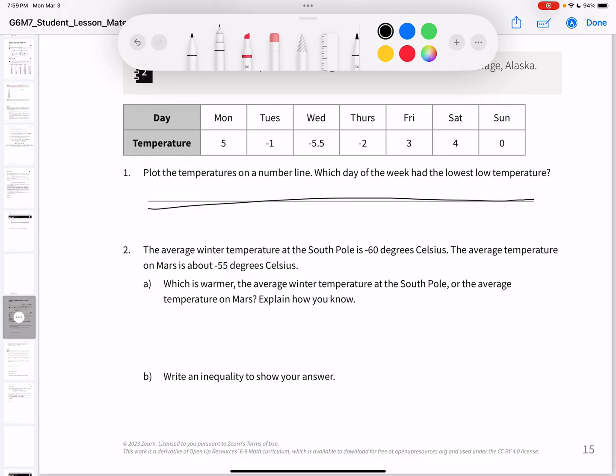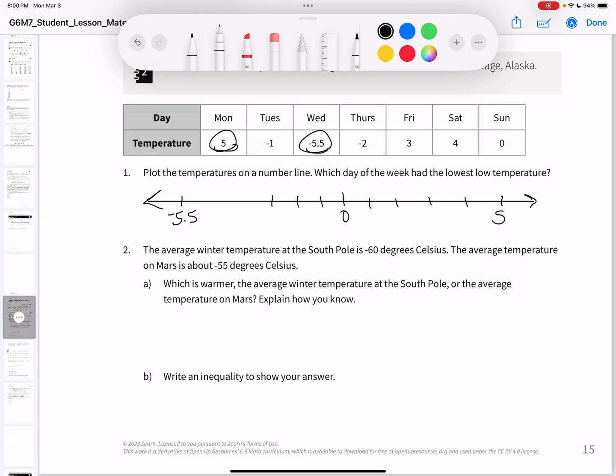All right, so here's our number line. And we're just gonna put 0 in the middle. And it looks like our lowest is negative 5.5 and our highest is 5. So we're gonna go up here to 5, and we're gonna come down here to negative 5.5. And then we're gonna go 1, 2, 3, 4. 1, 2, 3.